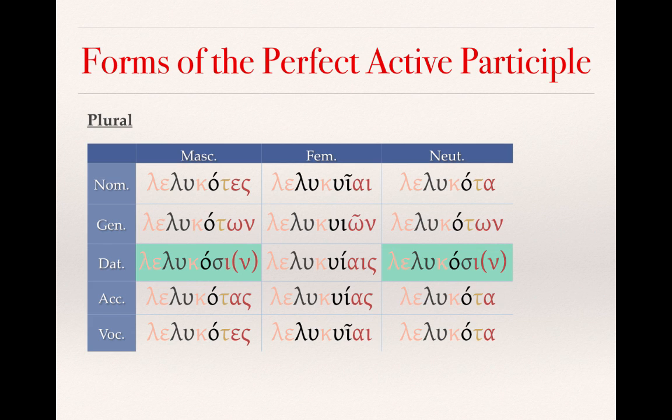Here are the forms of the perfect active participle in the plural forms. And once again, you'll notice in the pink font that you have the reduplication in front of the stem and the kappa consistently throughout. And now in the masculine and the neuter forms, the endings are very similar to what we've come to see in third declension nouns and on other participial forms that are based on third declension nouns.